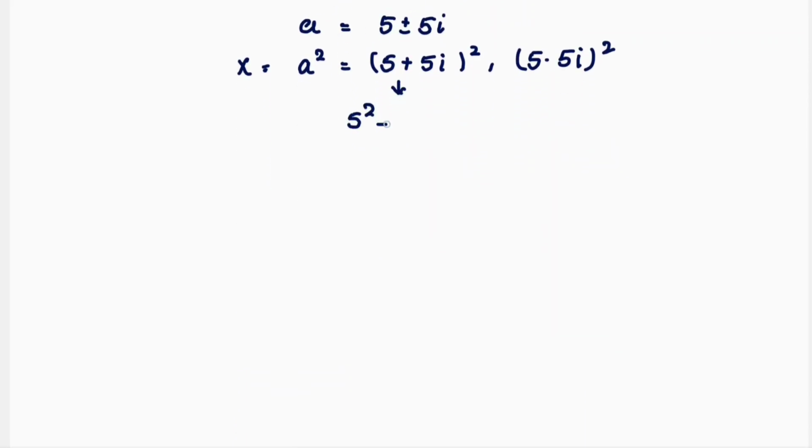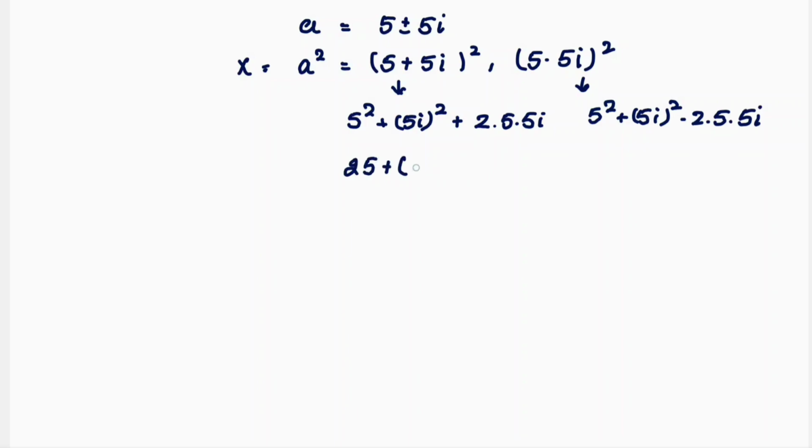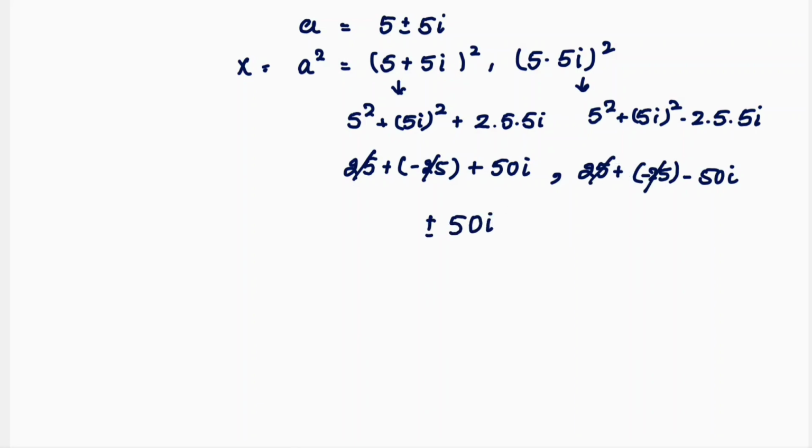This will give 5 iota square will become minus 25. 25 and 25 will get cancelled both the sides, and the two values of x we get is plus minus 50 iota.